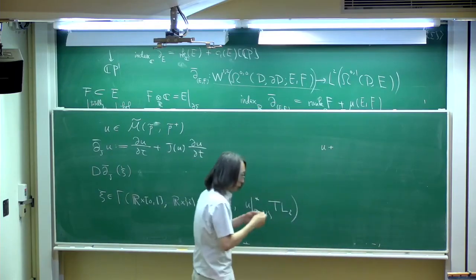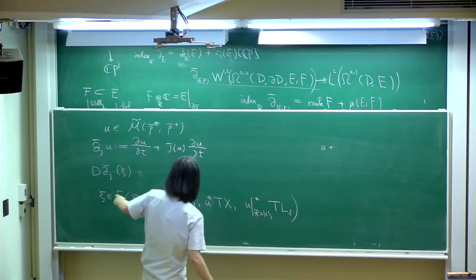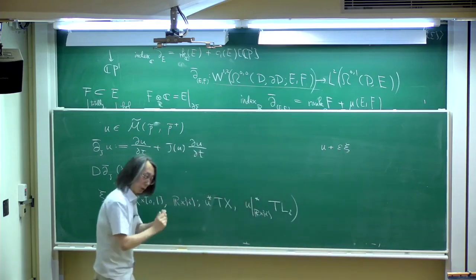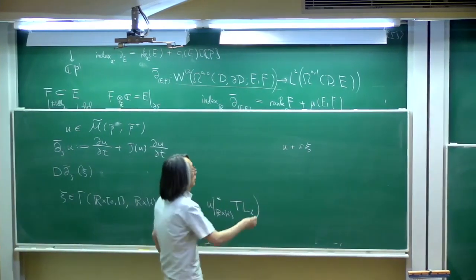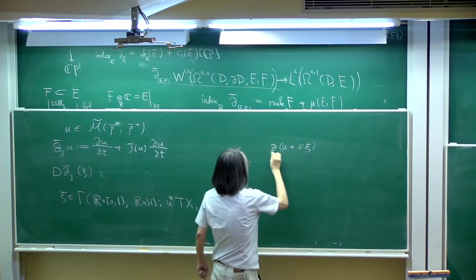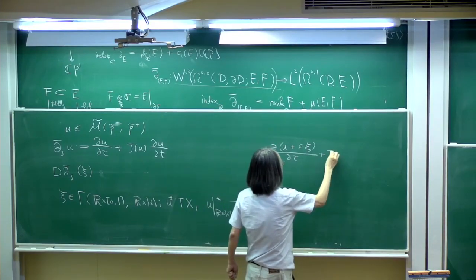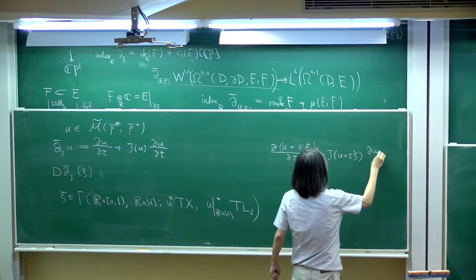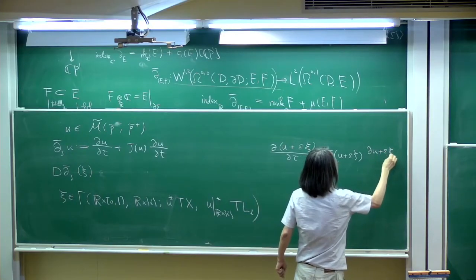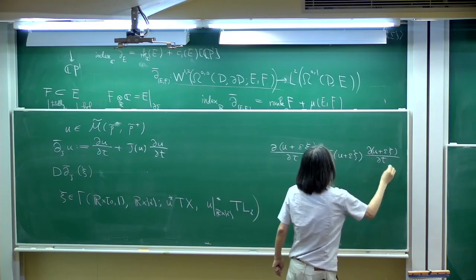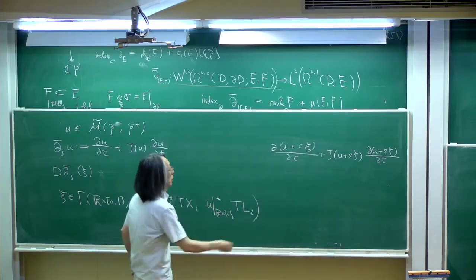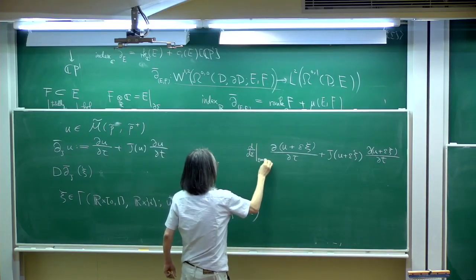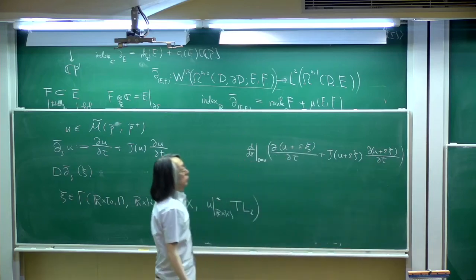So you have map u and want to deform this map in the direction of xi. So in local coordinates, maybe you just consider this sort of thing, and then just consider this equation, and take the derivative at epsilon equal to 0.